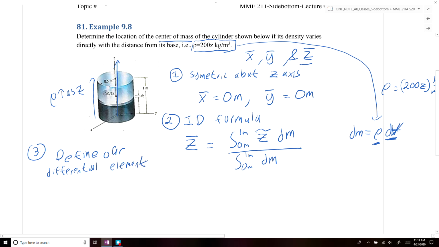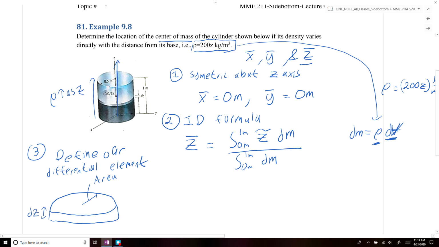In this case we have a cylinder. For a cylinder, our differential element is going to be a very thin disk. This thin disk is going to have an area on top, and a very, very small thickness, dz.